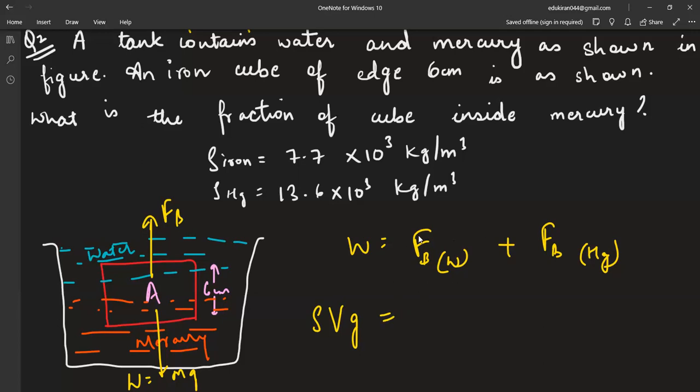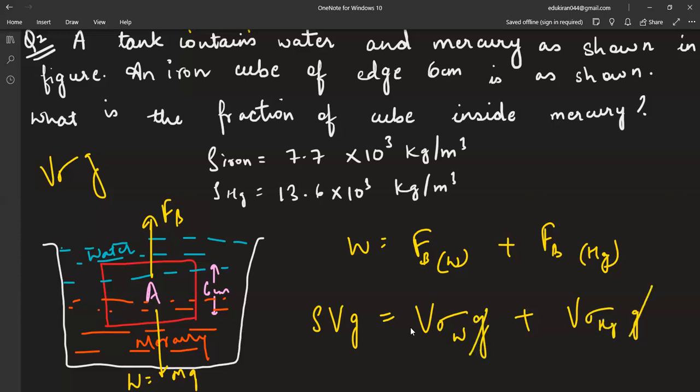Then for water, V sigma g. Remember V sigma g for buoyant force, we discussed this. Sigma is density of liquid. So density of water into g plus again same thing, density of mercury into g. g will be cancelled, right, from here.